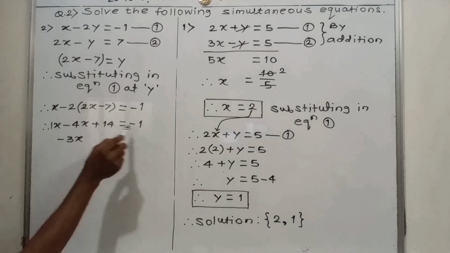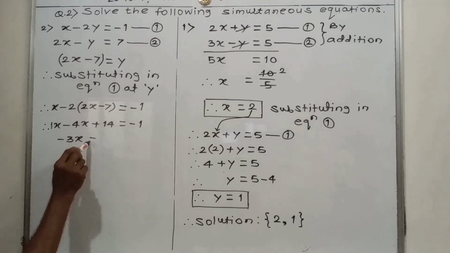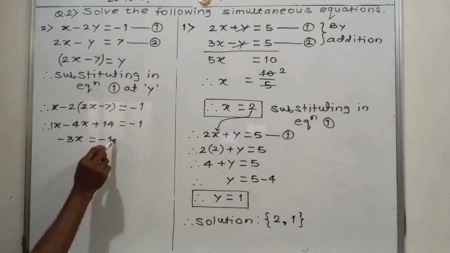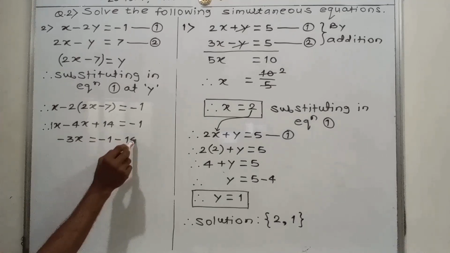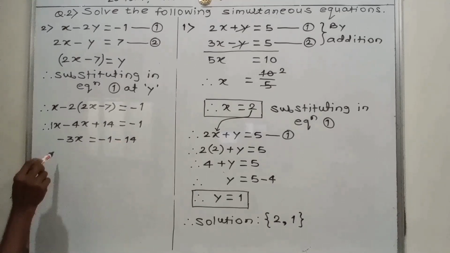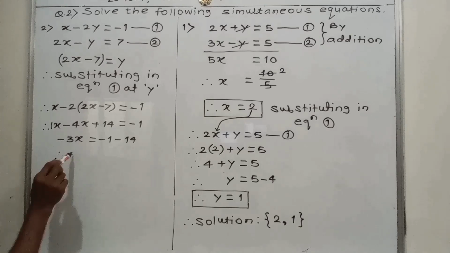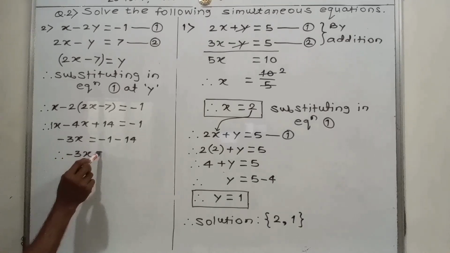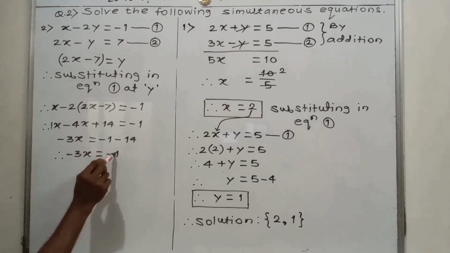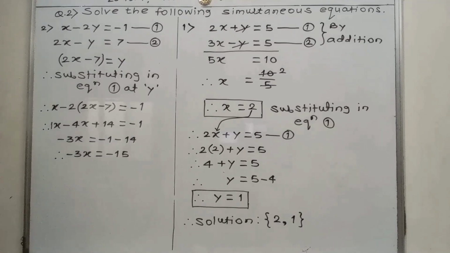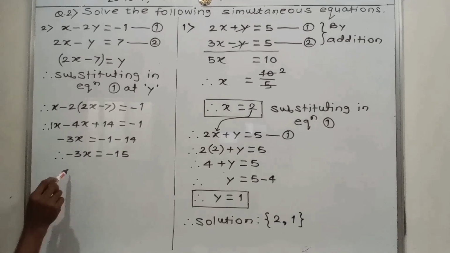Now we take 14 to the right side, plus becomes minus. Therefore, minus 3x is equal to minus 15. Signs are same, so give that sign and add them.